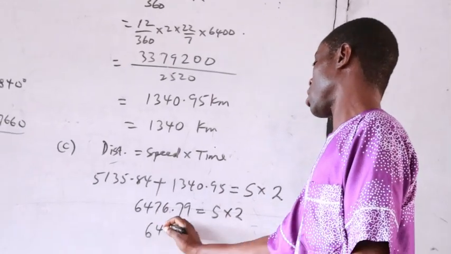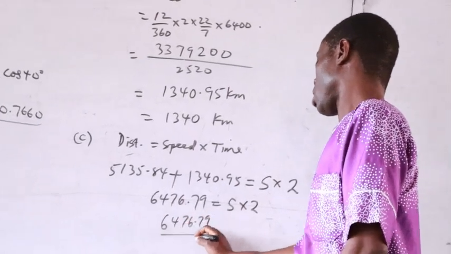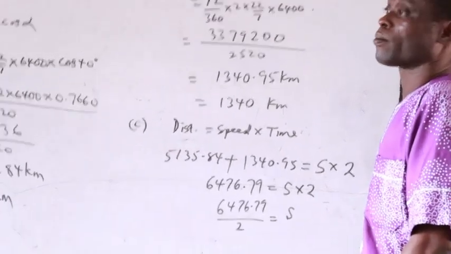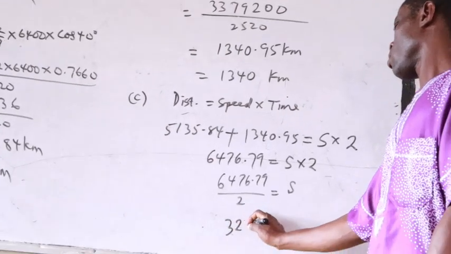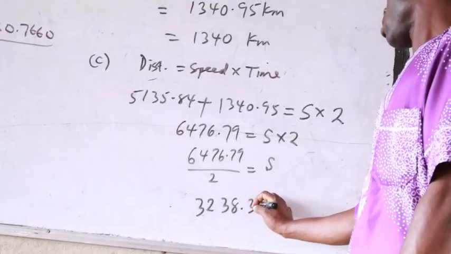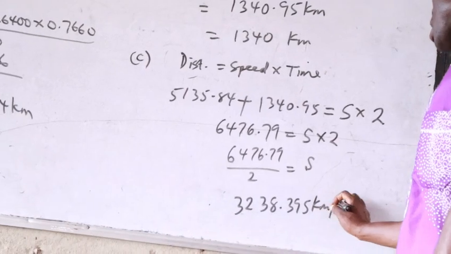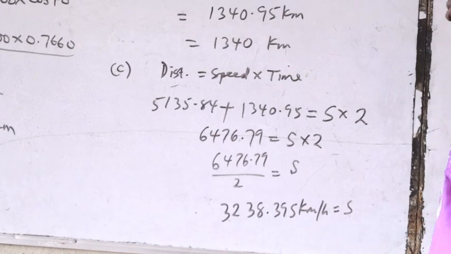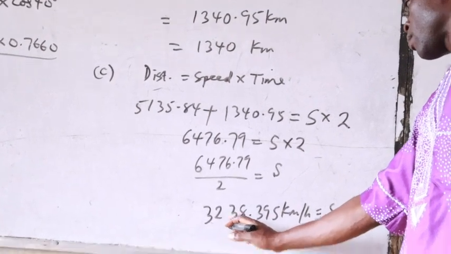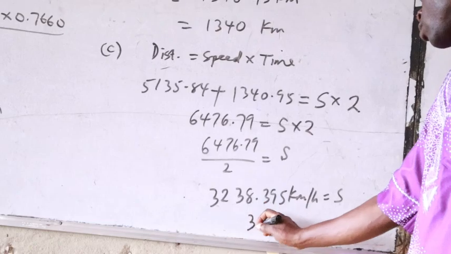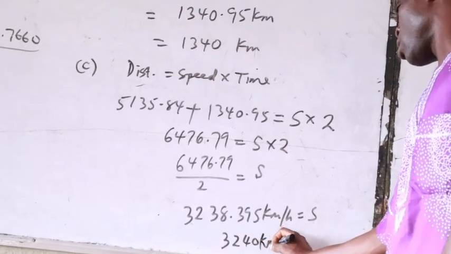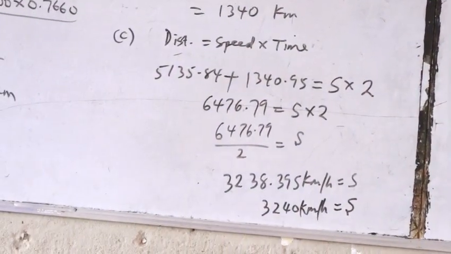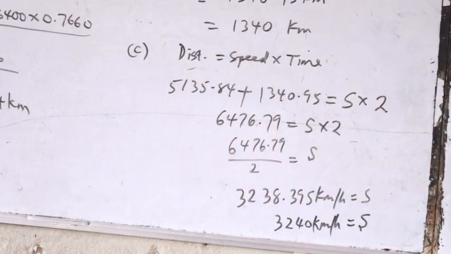Now 6476.79 all over 2 is equal to S. Divide. 3295 kilometer per hour equals speed. Now do we have degree of accuracy in that question? 3240 kilometer per hour equals speed. Is that taken? So that is how to go about that assignment.